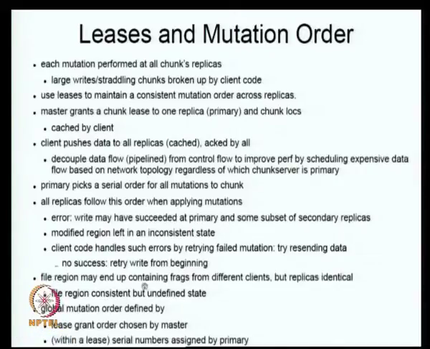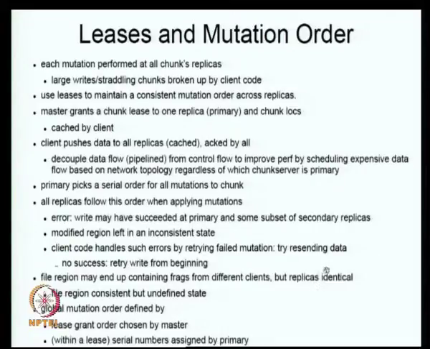So, the file region may end up containing fragments from different clients, but the replicas are identical. Our basic problem is that because of some of the errors, it may contain fragments from different clients, but you do not report success until all of them ack back saying they finished writing it.